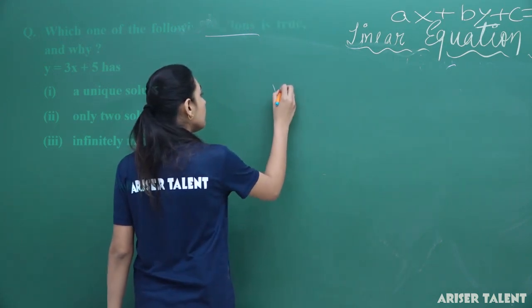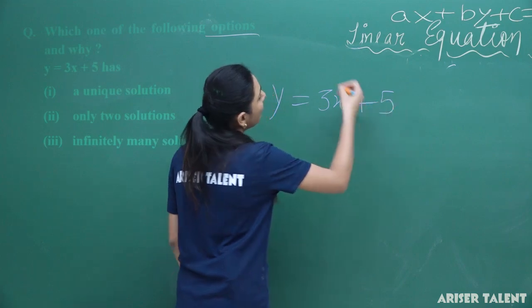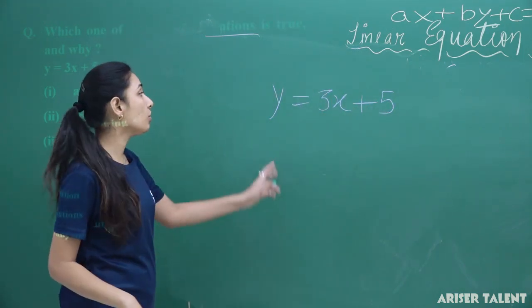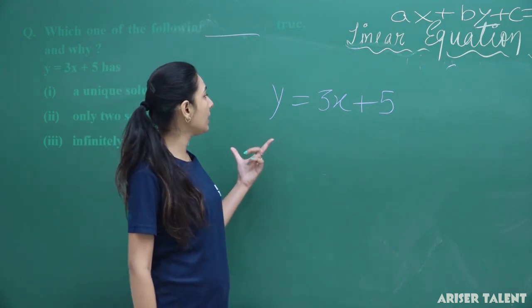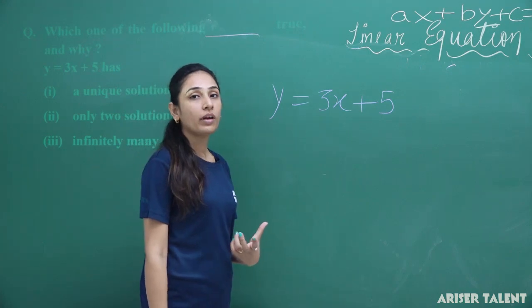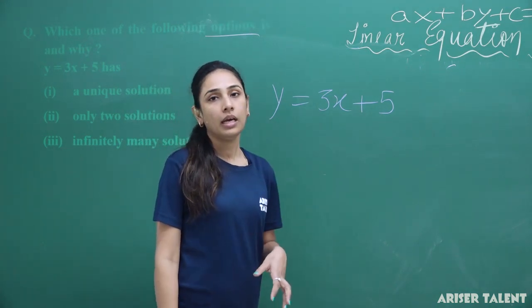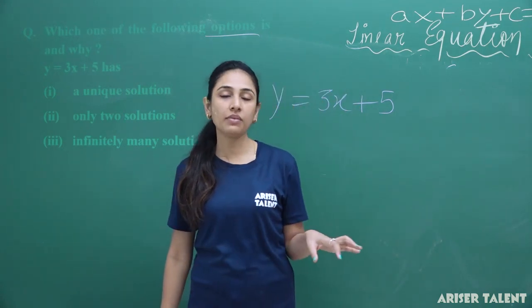Look, we have this equation y equals 3x plus 5 and we have not been given any values of x or y. That means we can pick any value of y and find the value of x, and that will be a solution. If y equals 0, we will have some value for x.